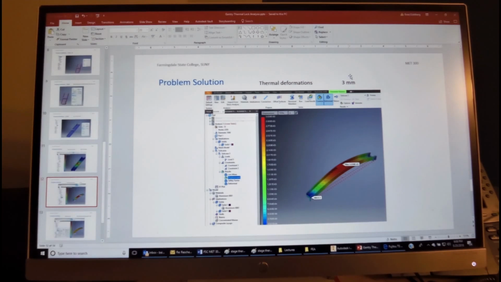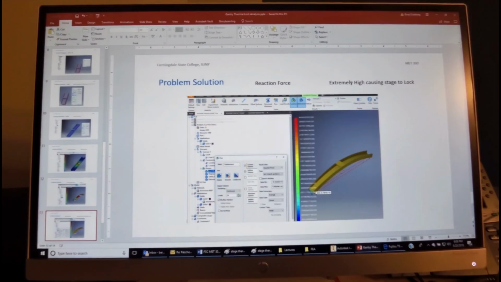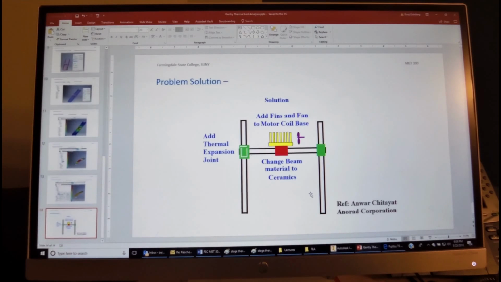It's about 86 degrees, and then the thermal deformation over here in this particular case is 3 millimeters. When we look at the reaction forces that the stage causes on the x-axis, we see that it's extremely high, and therefore that solution would not be feasible to run the machine.